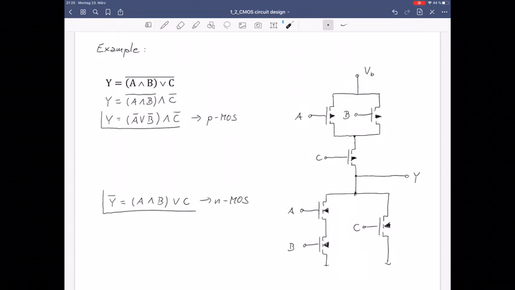The same applies if we look at this as a sub-block: we have a series connection of the sub-block AB and C, and in the other block, in the NMOS block, we have a parallel connection of the sub-block AB and C. So this is typical for CMOS circuits because we have complementary circuits in the NMOS and in the PMOS block.